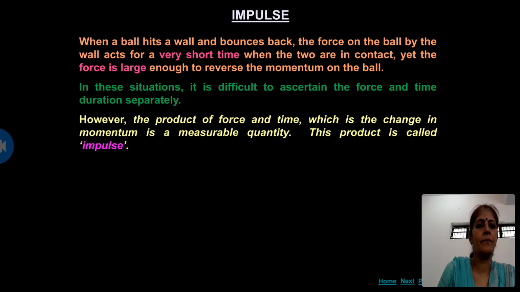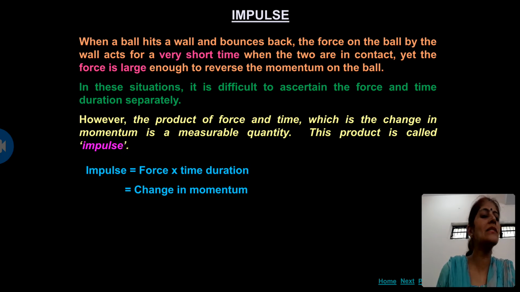However, the product of force and time, which is the change in momentum, is a measurable quantity, and this product is called impulse. So mathematically, impulse is given by the product of force and the time duration for which this force acts, and it is equal to the change in momentum.